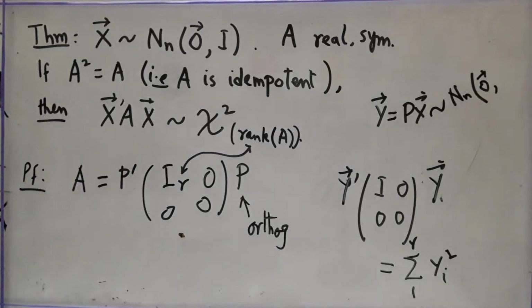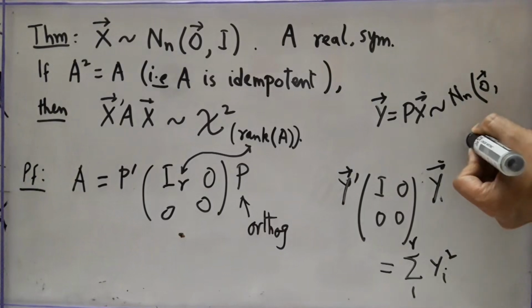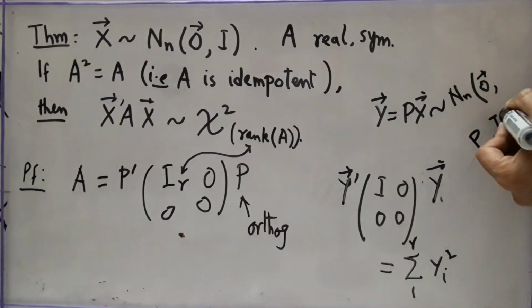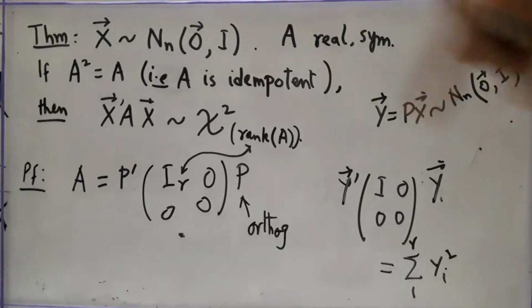Then the covariance matrix will be, your original covariance matrix was I, you will pre-multiply it with P and post-multiply it with P transpose. But since the identity matrix can just be dropped from a product, it is the same as P P transpose. But P being an orthogonal matrix, P P transpose is just the identity. In other words, you find that Y has the same distribution as X.